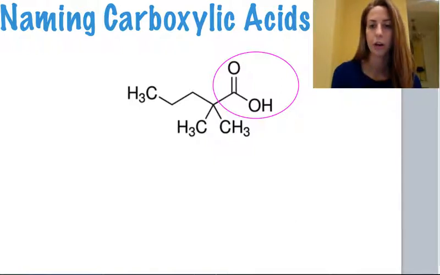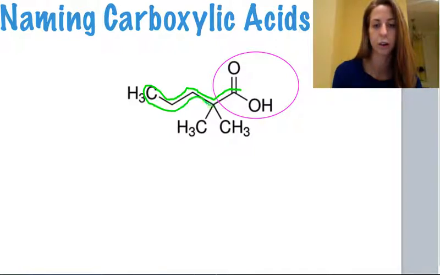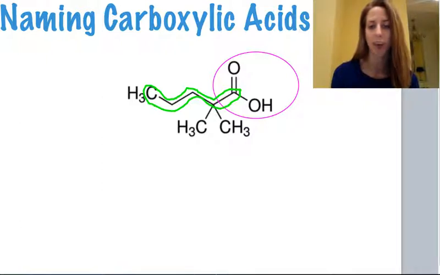Now when you are locating them, you can give them numbers. You start from the carbon that is in between. That is where your carboxyl group is. So that's 1 carbon right there. So we'll start on that one. So we have 1 carbon, 2 carbon, 3 carbon, 4, and 5. The longest carbon chain is 5. Therefore, this will be a pentanoic acid.